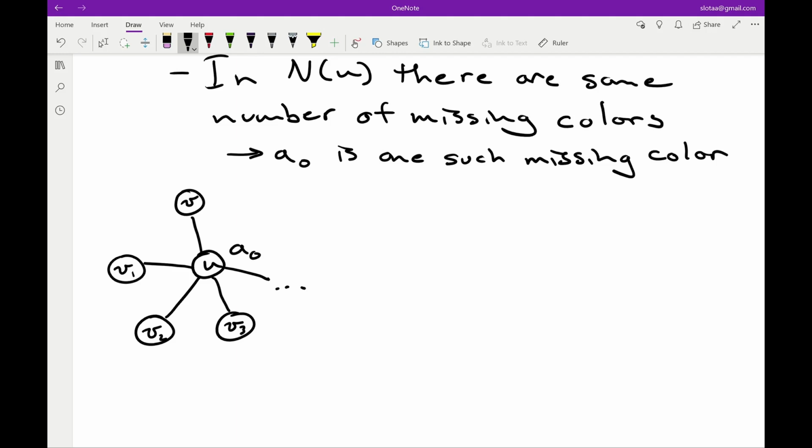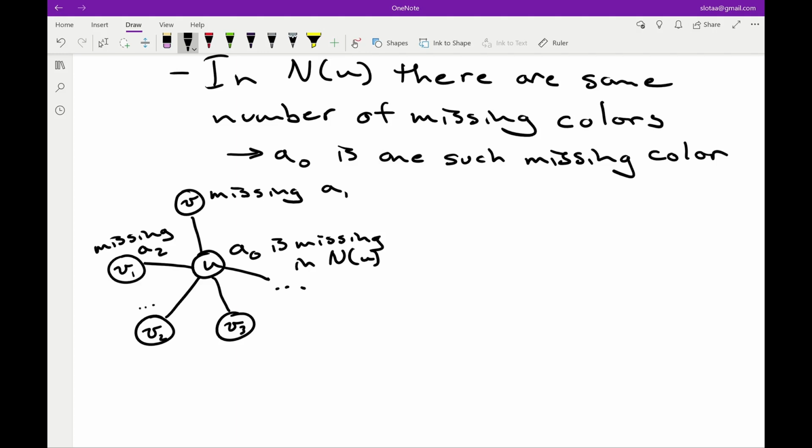A naught is missing in the neighborhood of U. At V, which we could equivalently call V naught, this one is missing A1; then V1 is missing A2, and so on.